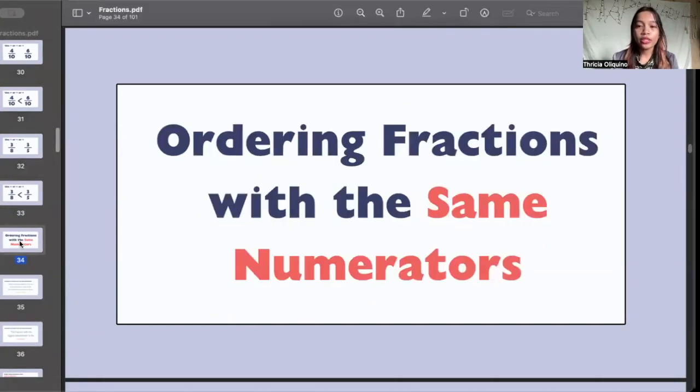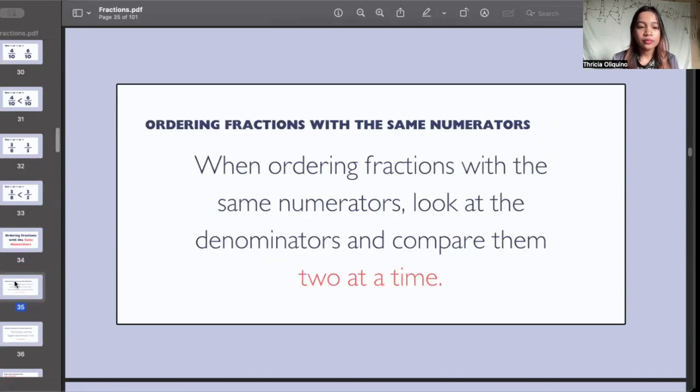Now, ordering fractions is somewhat similar to comparing fractions. In ordering fractions, we need to compare the fractions first before we list or arrange them from smallest to largest or vice versa. You have to listen very well because teacher Trisha will give a lot of ways and strategies that you can use to make it simpler and exciting.